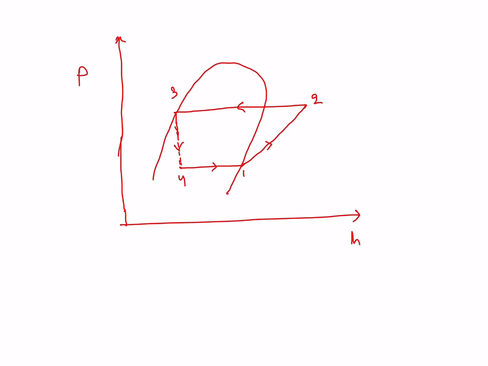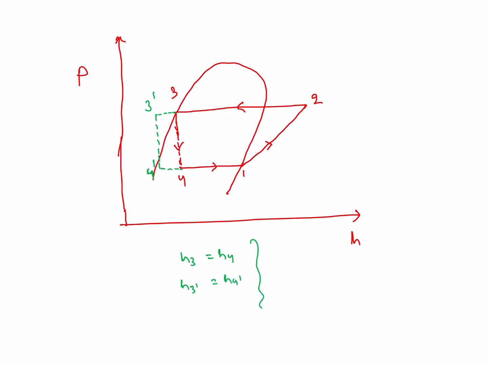Subcooling means changing the color, in the liquid region you have to do subcooling. 3 dash 4 dash. H3 equal to H4 and H3 dash equal to H4 dash.